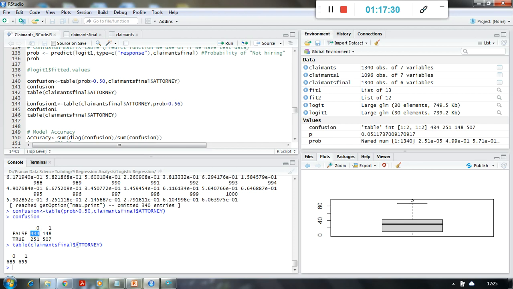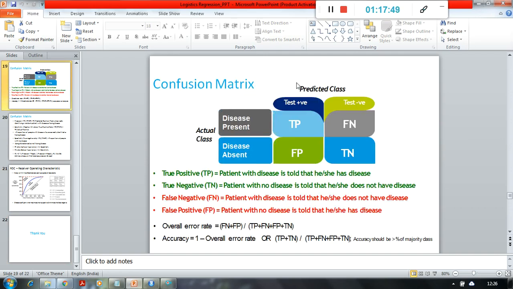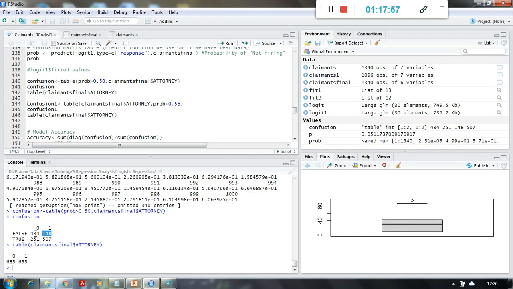So this is going to be my true positive, this is going to be my true negative, false positive, this is going to be my false negative, and I have plotted it in a reverse order, right? Here it is the predicted class and here it is the actual class. So I am getting TP and TN as it is. These are my true positive and true negative, which are my correct predictions, and these are my wrong predictions, right?